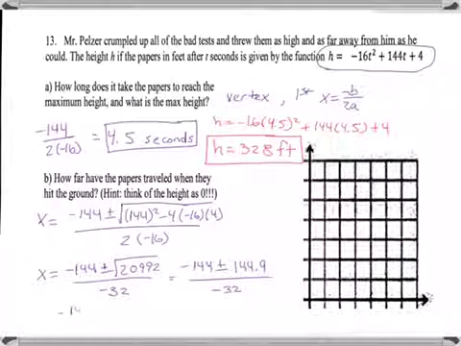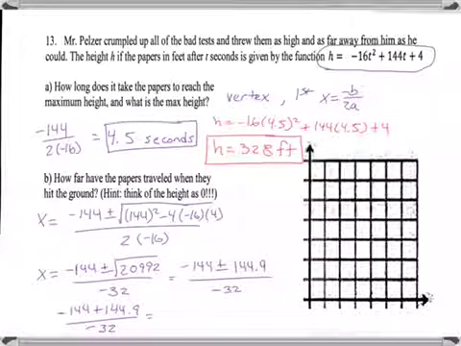We've got negative 144 plus 144.9 over negative 32. Well, that gives us a positive 0.9 divided by a negative 32, which is actually going to give us a negative answer. So we don't actually want that one. So let's look at the other option.